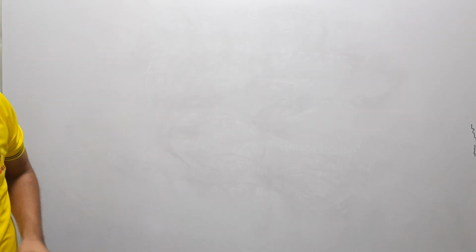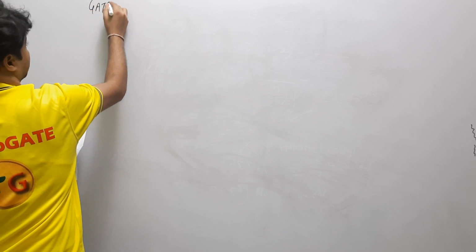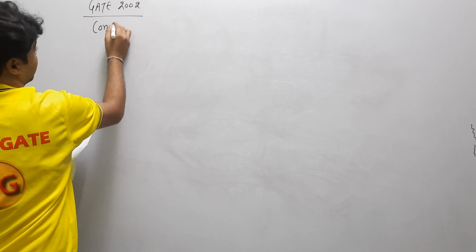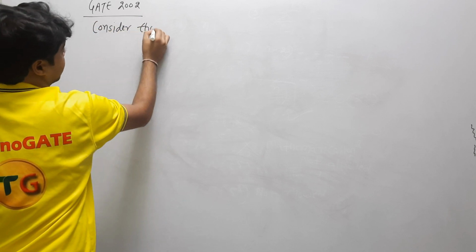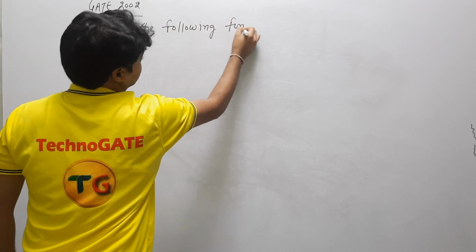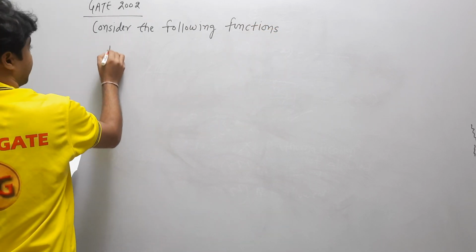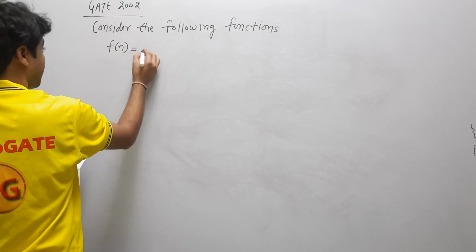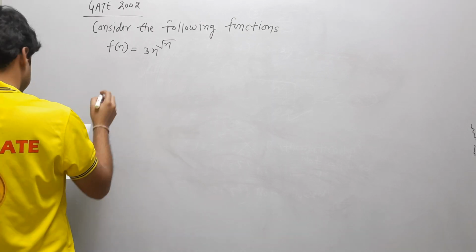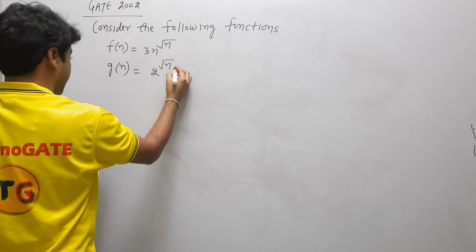So let's check. This is a GATE problem, GATE 2002. So what is the problem here? Consider the following functions. F of n is 3 into n raised to power root n. G of n is 2 raised to power root n log n.